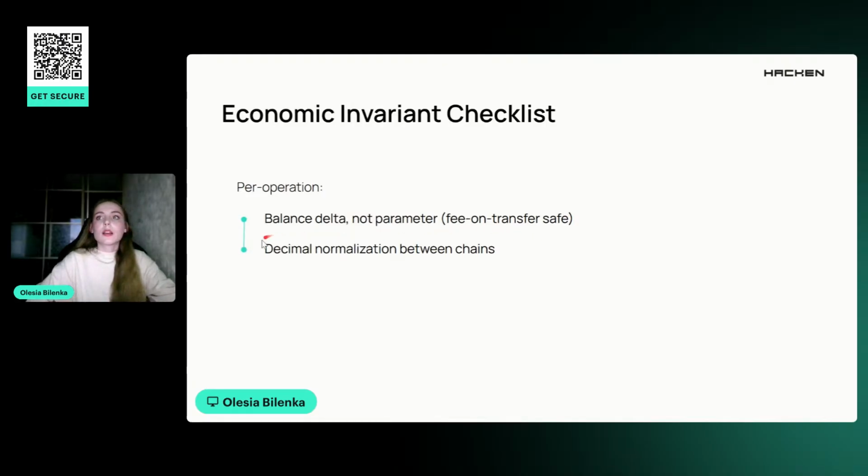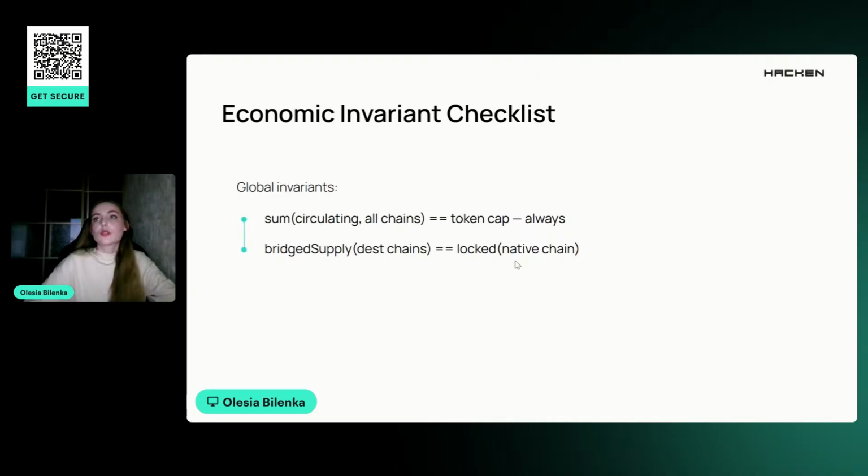We should apply decimal normalization to ensure that tokens which have different decimals on different chains are bridged in the correct amounts. And two global invariants, which should always be true. The sum of circulating supply on all chains should always be equal to the token cap.